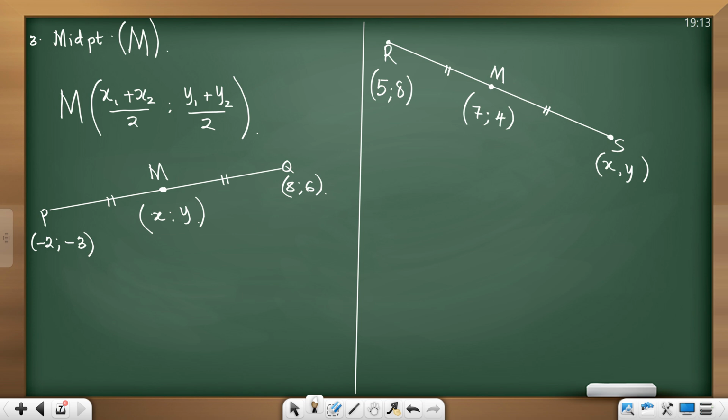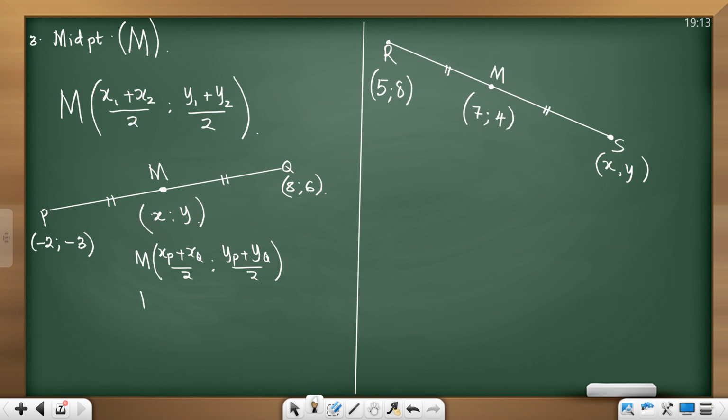All right, I see you guys are done with the first one. 3 over 2. Let's check. Since M is the midpoint, M is (XP plus XQ) over 2, (YP plus YQ) over 2. I like to use the letters I'm given.